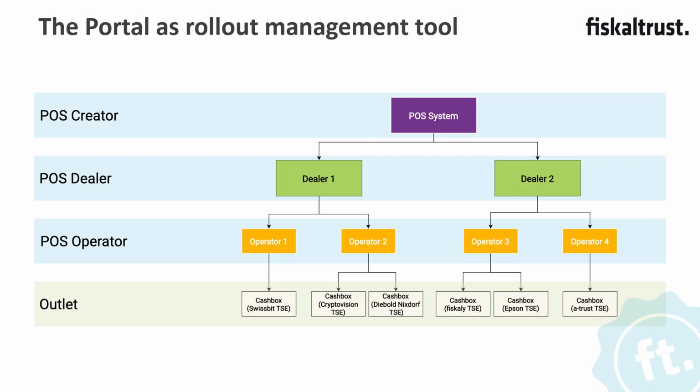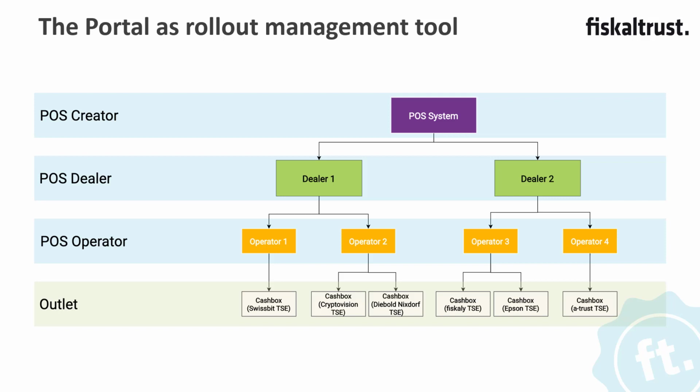The portal can also be used as a rollout management tool. So after you, for example, prepared your templates and you have invited the dealers, for example, by connecting them to your POS system, or maybe the dealers joined the portal themselves and you just connected the POS system afterwards, those dealers will invite the POS operators. The POS operators are the actual users, so the end users of the middleware, maybe the owner of a store, the owner of a hotel, and so on.